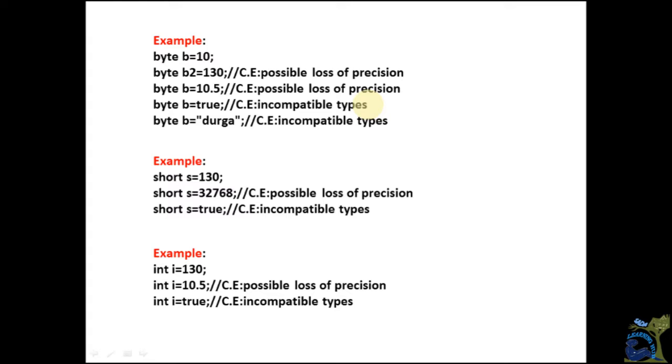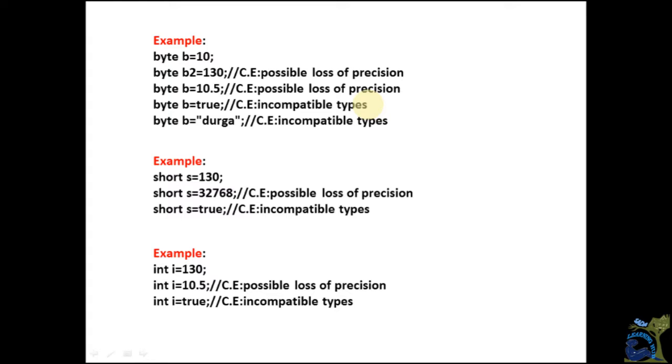The same happens with byte b is equal to 10.5. Byte b is equal to a string, for example Durga, is an incompatible type. The byte data type is best suitable if we are handling data in terms of streams, either from files or from the network.